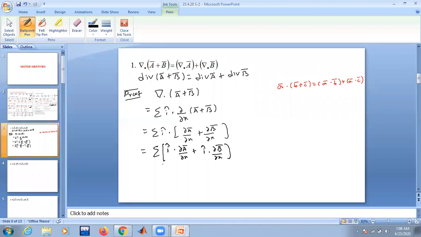Take the summation to each term: sigma i dot dou a bar by dou x plus sigma i dot dou b bar by dou x.